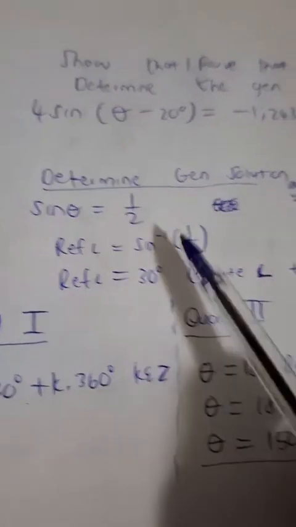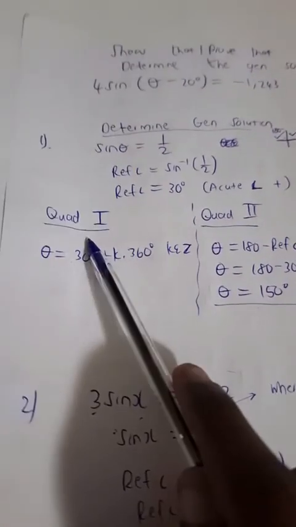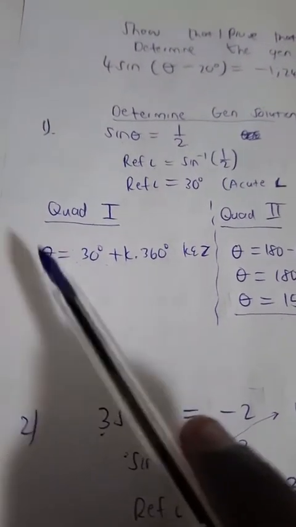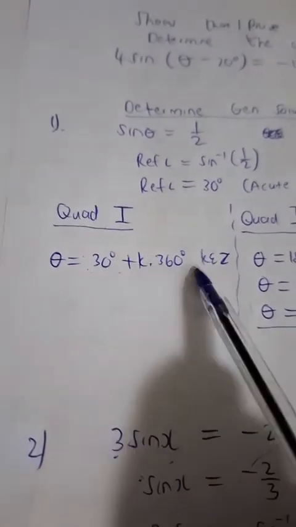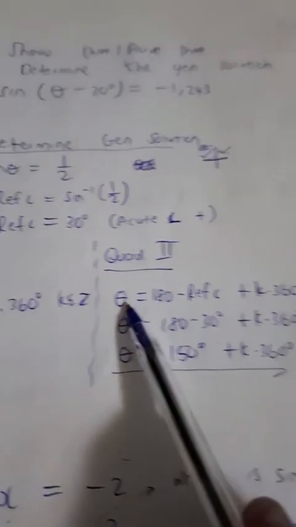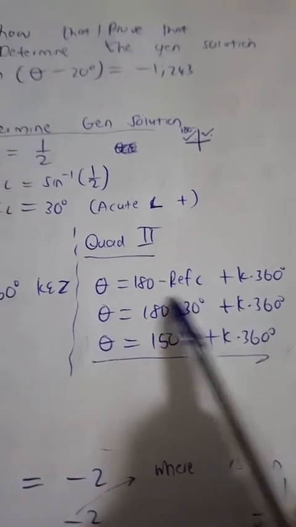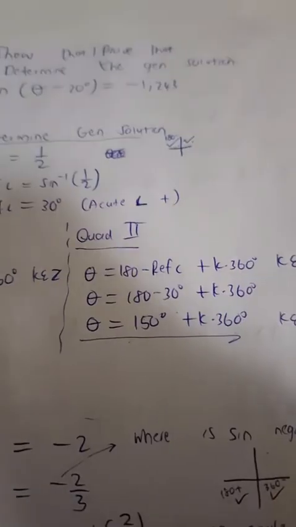Then you say the reference angle is sine inverse of 0.35, and find it. Then you come to the quadrants. You say x is equal to the reference angle plus k360. And then x is equal to 180 minus the reference angle plus k360, and solve.